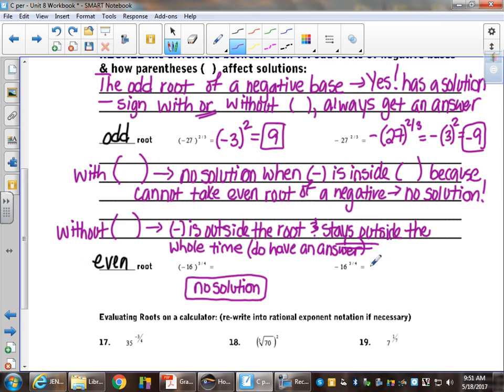Very good. There's no parentheses, so I could actually rewrite this as negative, and then in parentheses, a positive 16 to the 3/4. And that negative will stay where the whole time? On the outside. So let's actually do this one together. Fourth root of 16, so the negative stays outside. 2 to the third, so what do we get as an answer? Negative 8. Very good.